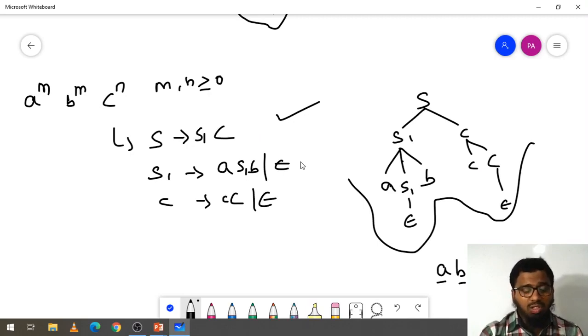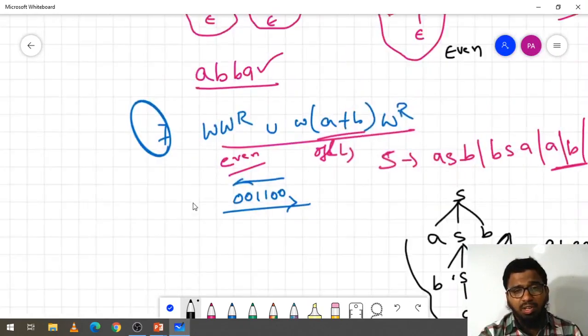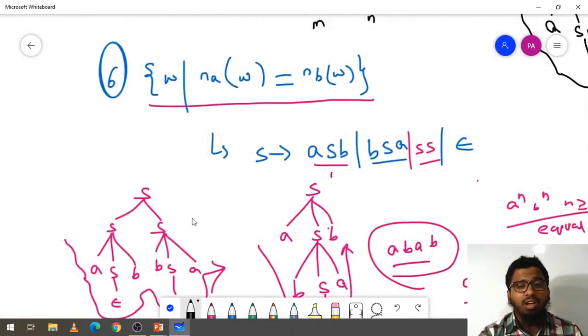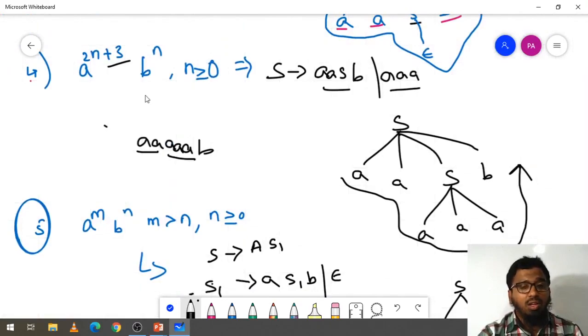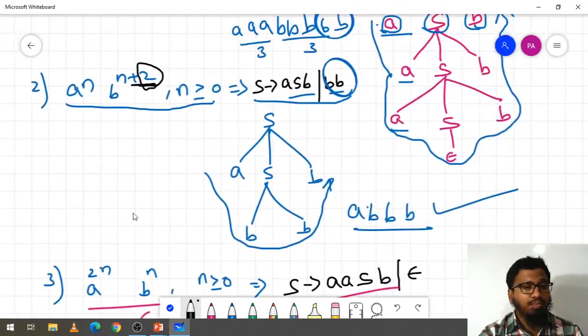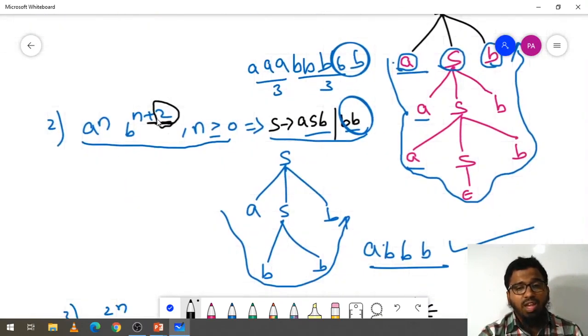Okay, so this is about some of the examples. Like in the exam you will get the question, convert the CFL to CFG. Okay, this is for the even number of A's and B's. Whenever we have a plus, we need to add which power, like b power 2.